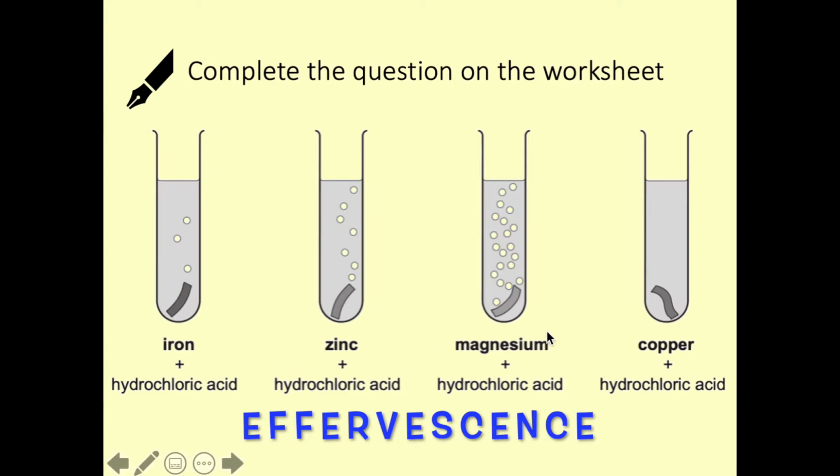So what we are looking at here in our 4 test tubes, we would say that magnesium has the most effervescence because it has produced the most bubbles, whereas copper has shown no effervescence. With zinc and iron, there is some effervescence. So if you can now pause the video and complete the 2 questions that are on your worksheet.